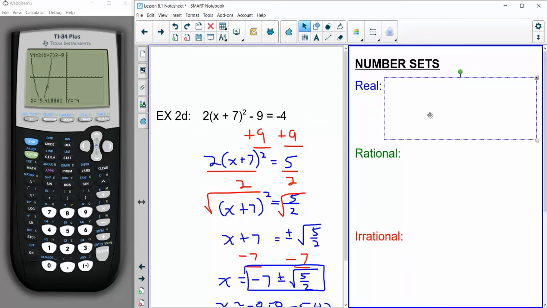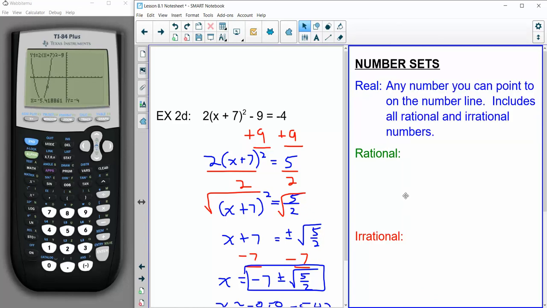Okay, the real numbers. Any number you can point to on the number line includes all rational and irrational numbers. Basically, almost everything is a real number. There are imaginary numbers though, and we'll talk about those in coming lessons.